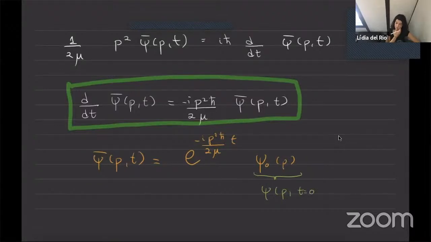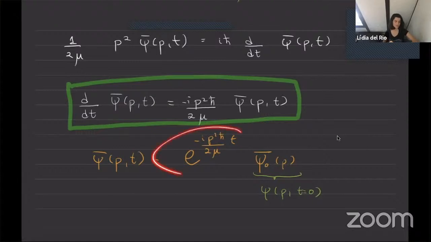Okay? Which means if I know my initial wave function in momentum basis, then I know how to evolve it. Right? Then I know how to evolve it according to this. Very good.